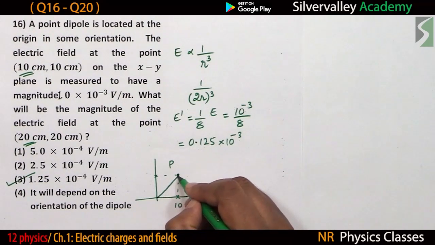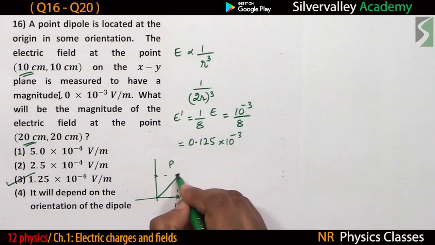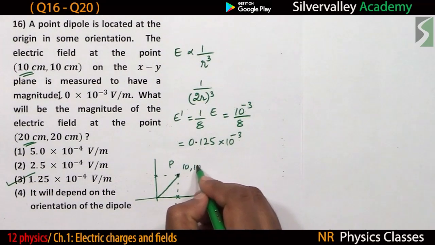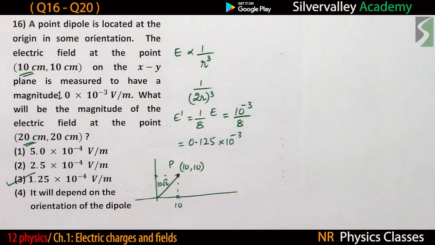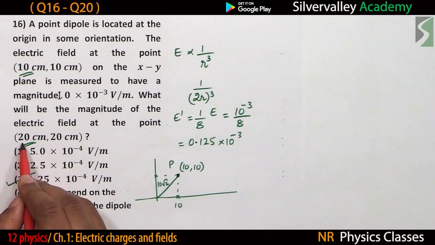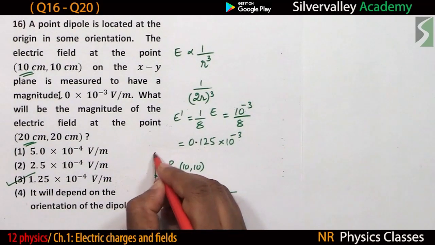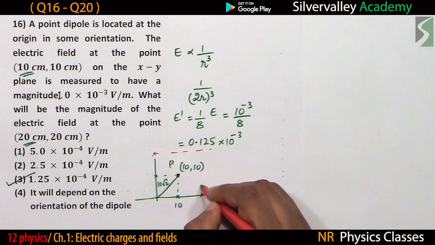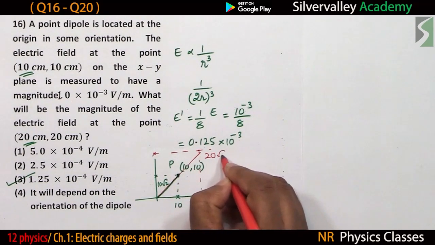Distance of point P from the origin is 10 root 2. This point is at 10, 10. Therefore, length is 10 root 2. In the second case, the distance becomes 20, 20. 20, 20 means the new distance will be 20 root 2.